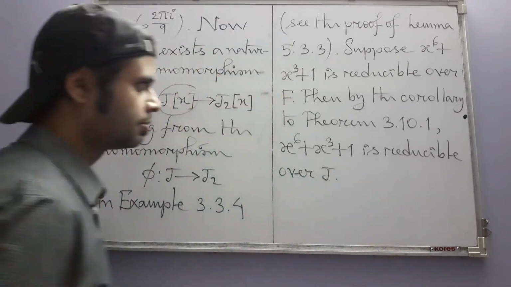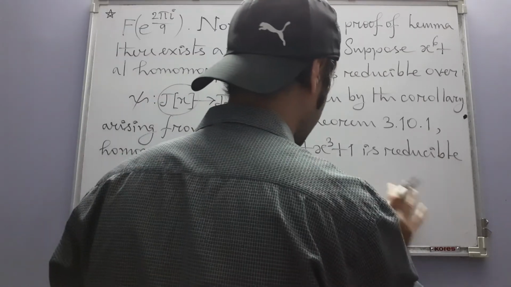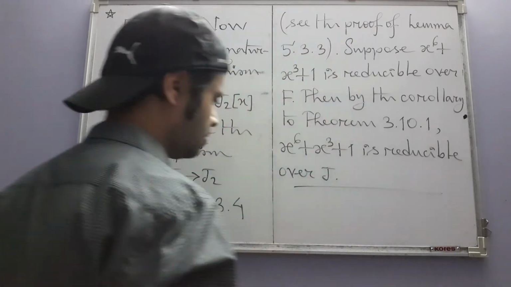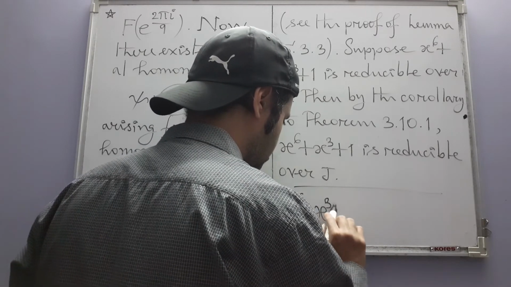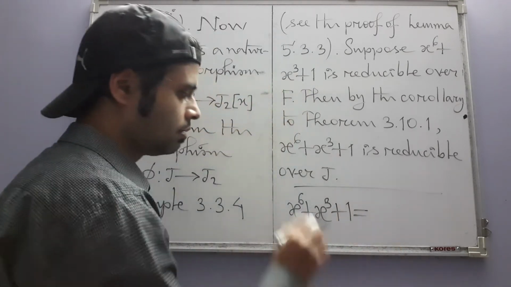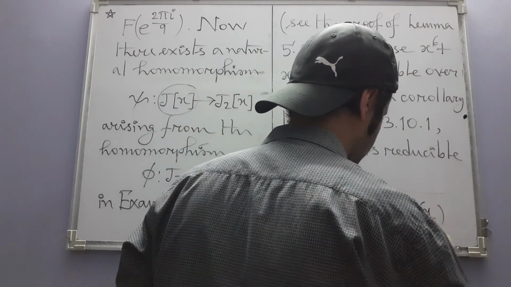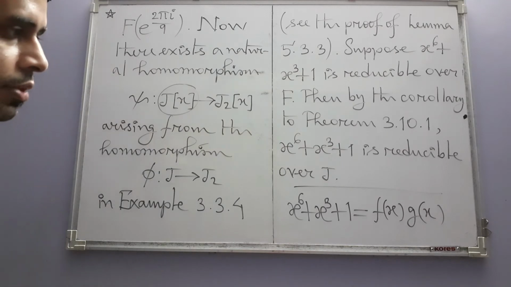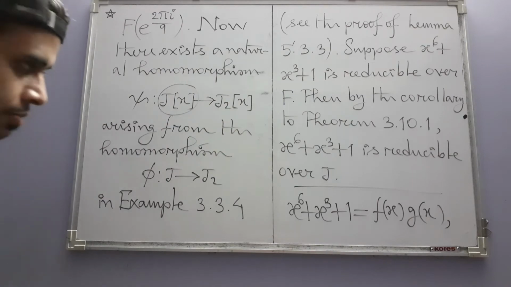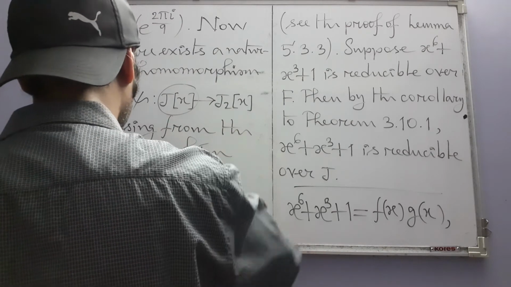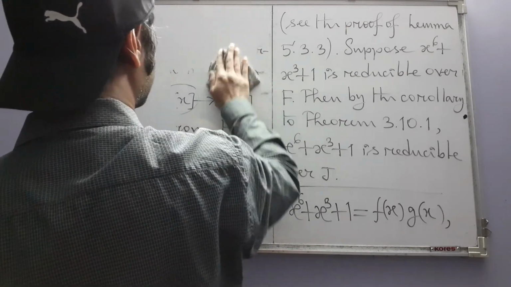That means something. It is this. So let me just write the polynomial like that here. Say you have now the fact that it's a product of fx and gx, where this is not a part of the solution. If you want, you can make it a part of the solution, but I have decided to suppress it.